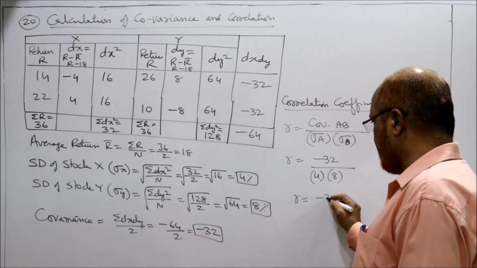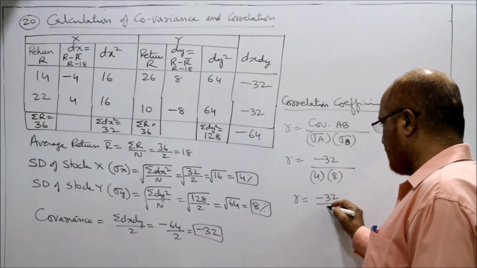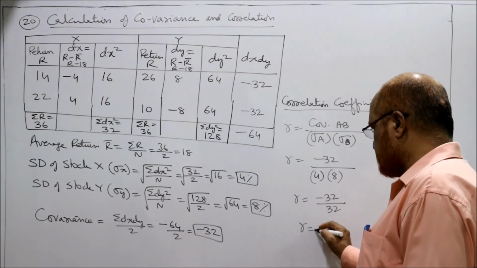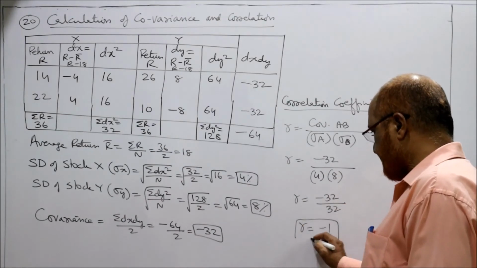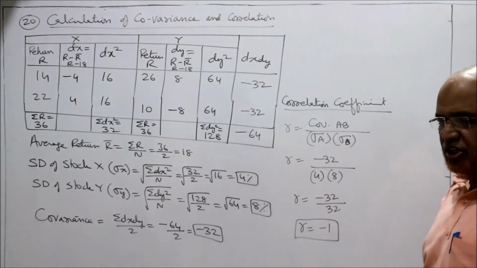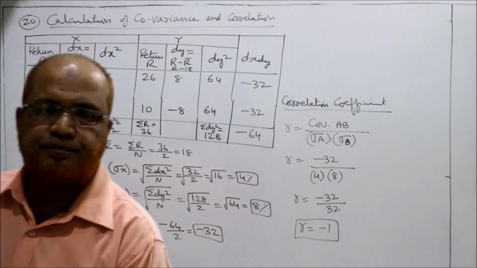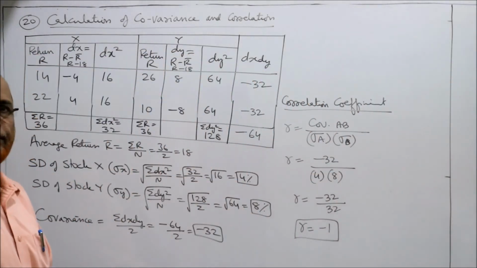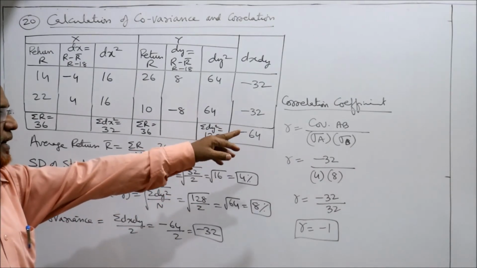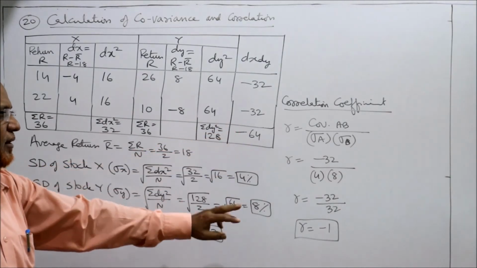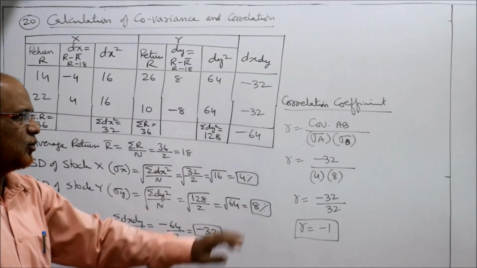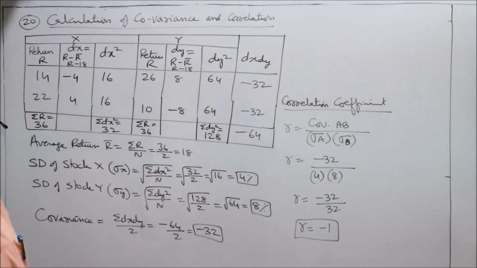R is equal to minus 32 divided by 8 4s are 32. R is equal to minus 1. Correlation coefficient is minus 1. That's it.